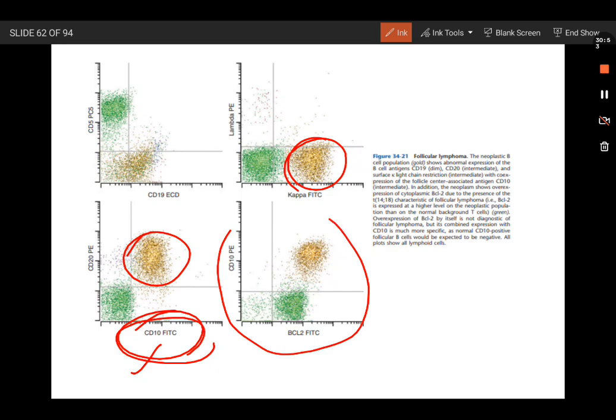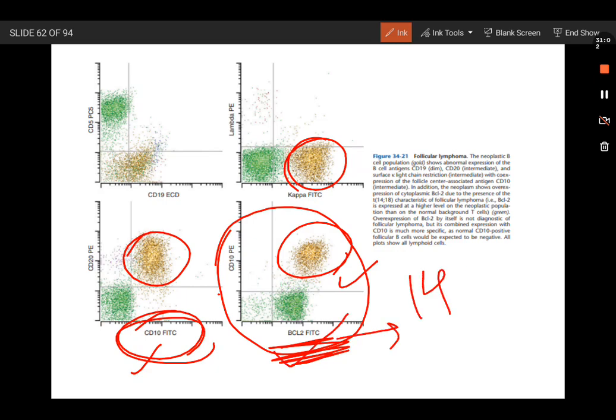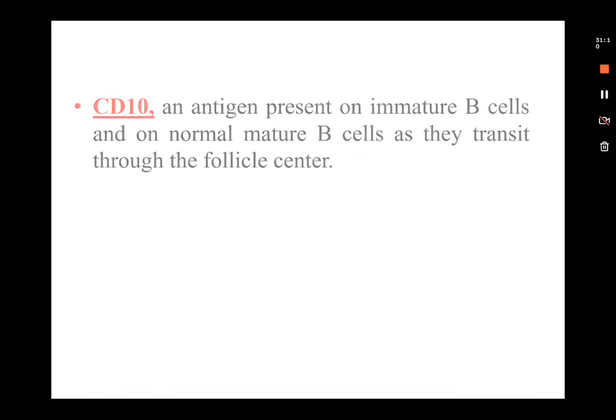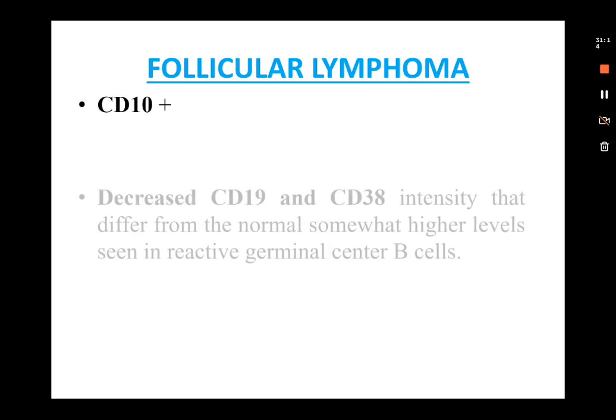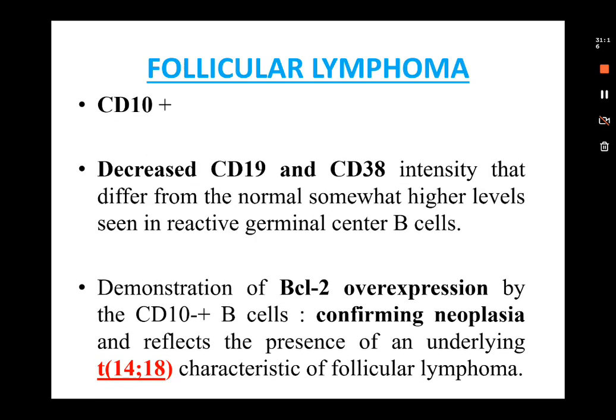This is more important, that CD10 positivity in the BCL2 population which is positive. So whenever BCL2 is positive, we know that the 14;18 translocation which is characteristic of this BCL2 is present. So we know this is follicular lymphoma. This is the immunophenotype for follicular lymphoma.